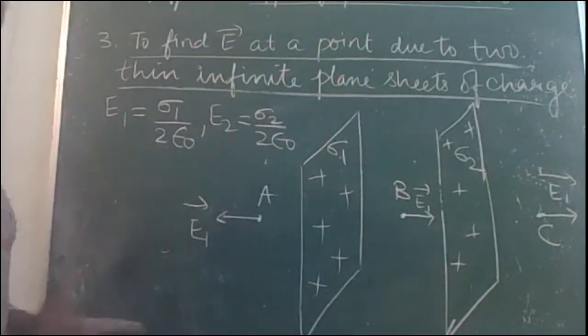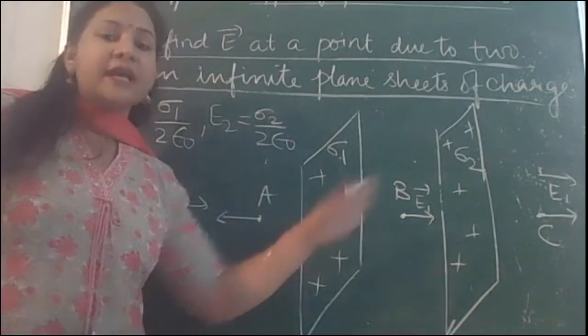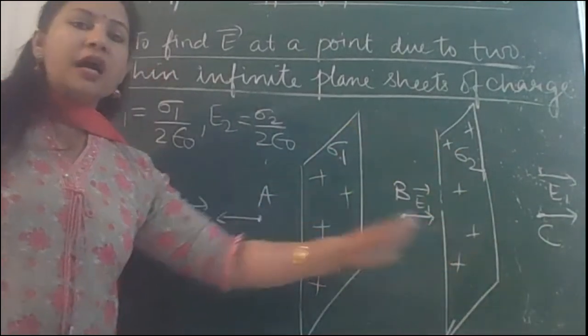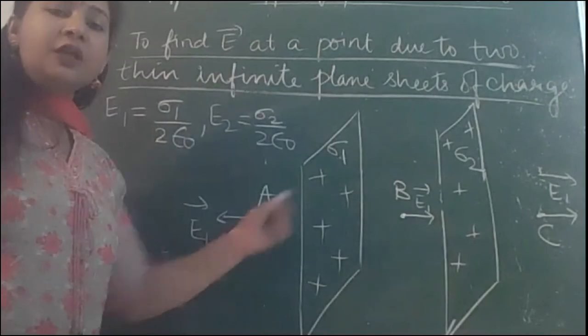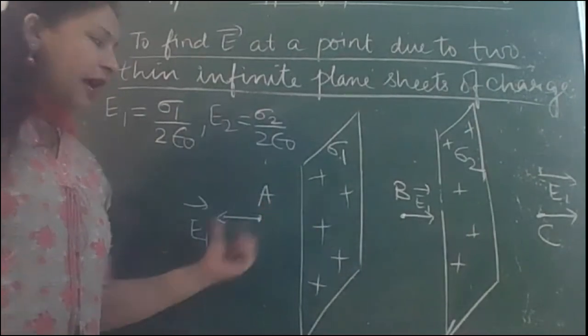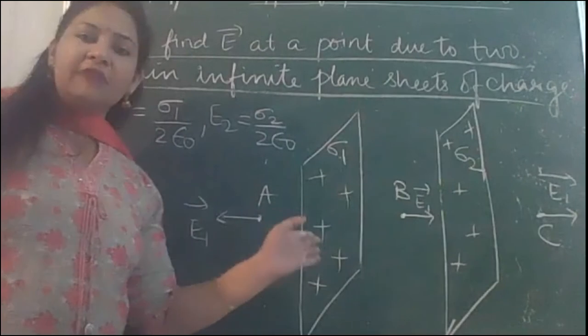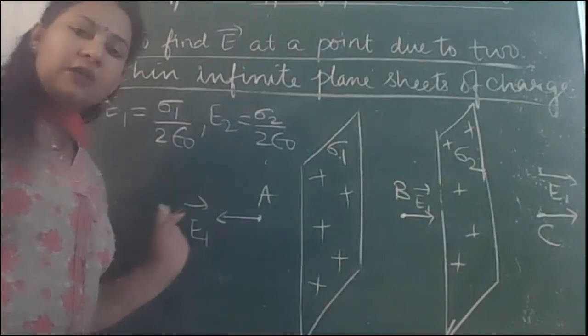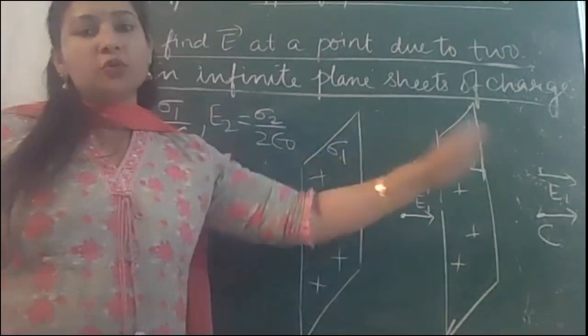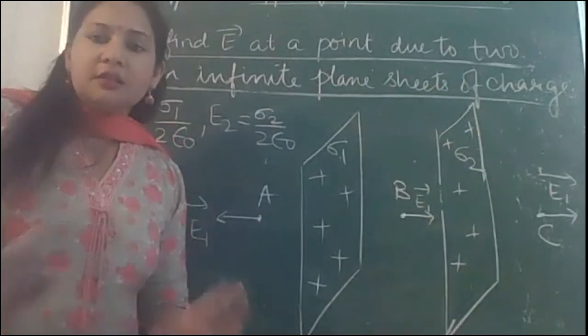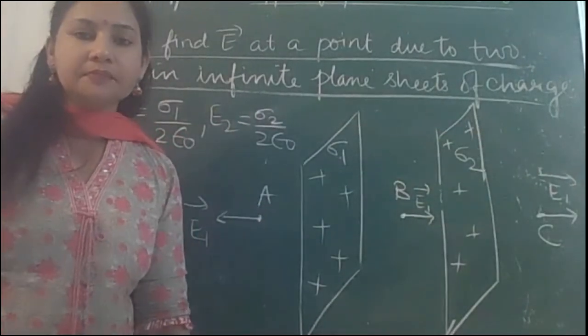I have considered only first sheet. So I have marked the direction of field due to first sheet at points A, B and C. जो point left पे है उसकी direction इधर होगी repulsive. जो point right पे उनकी direction उधर होगी repulsive. Is this point clear to everyone?